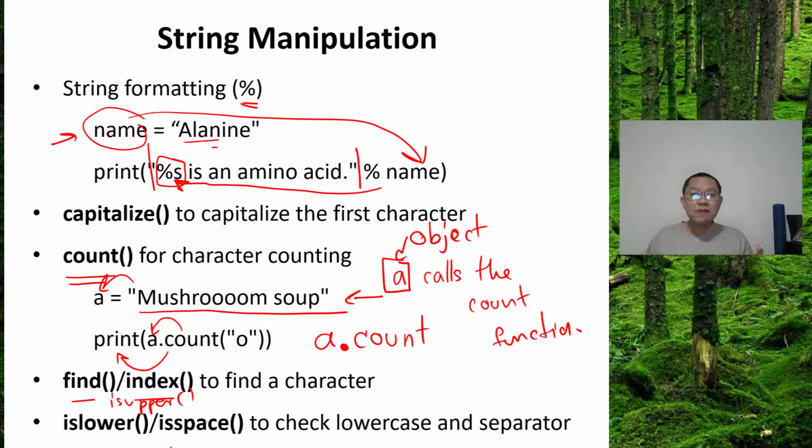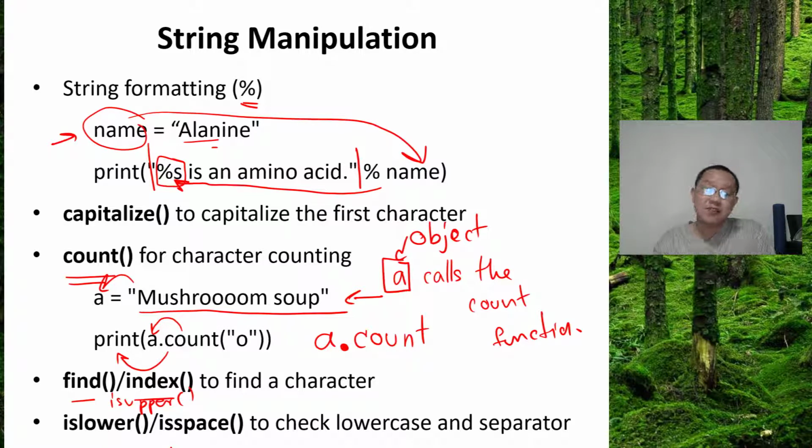Let's say you are working with DNA or nucleotides, where the letters that represent the nucleotides should normally be uppercase or capital letters. So if it is not in capital letters, you can use this function to check and remind the programmer or remind the user, or call the function to transform from lowercase to uppercase or from uppercase to lowercase.